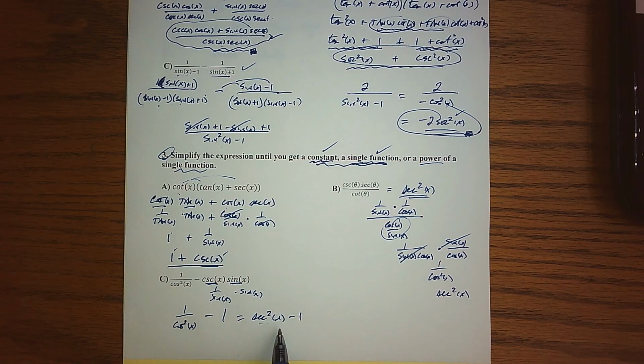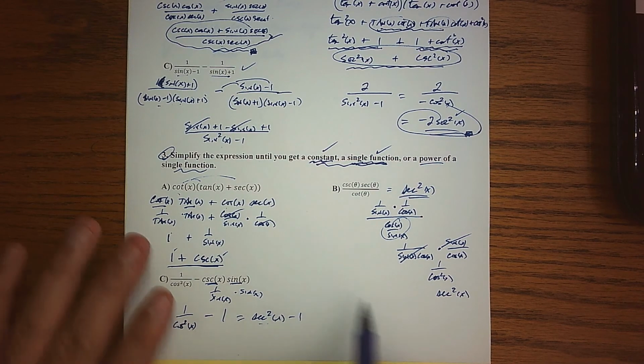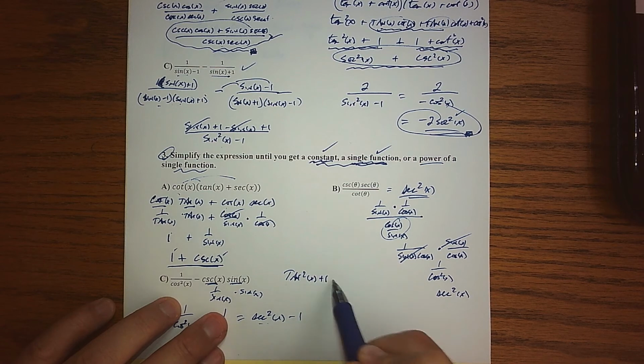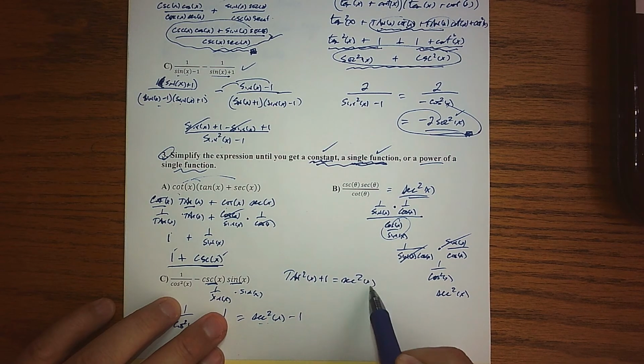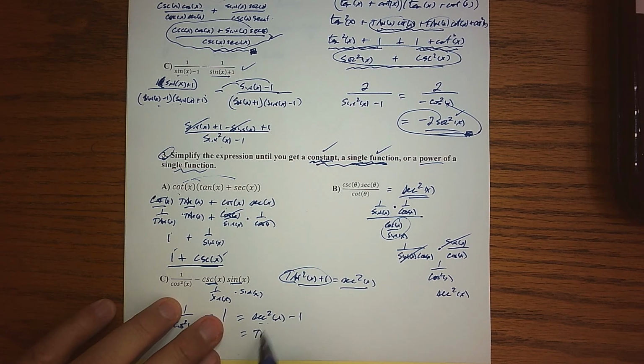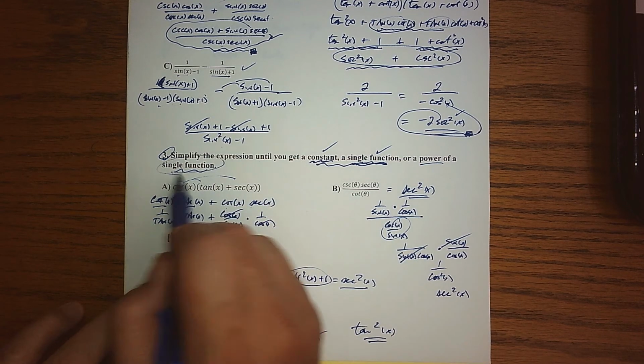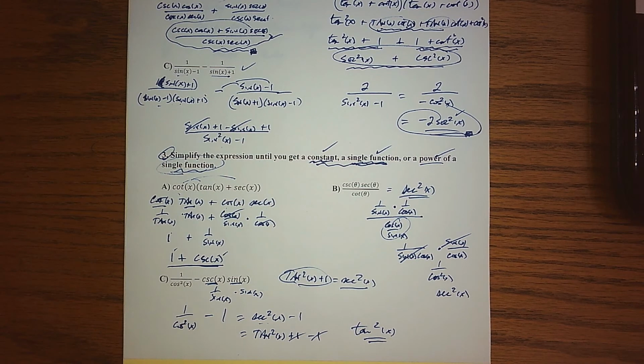And looking real close like this, a couple ways we can see this. We know that tangent squared x plus 1 is equal to secant squared. So if I replace the secant squared with that, what we get is tangent squared x plus 1 minus the 1 that was already there. The 1's cancel out, and what's left is tangent squared x. So again, we were able to rewrite this as a singular function to a single power.